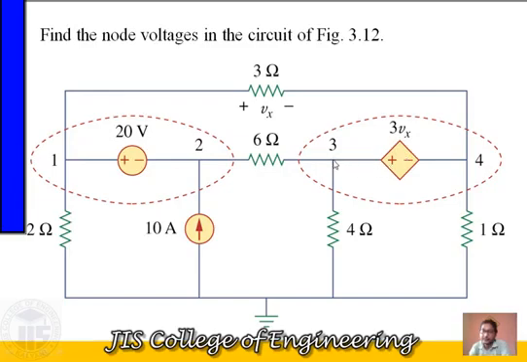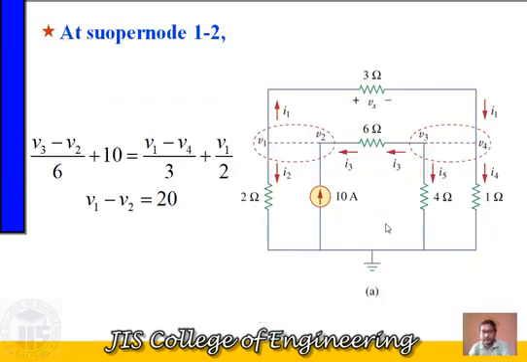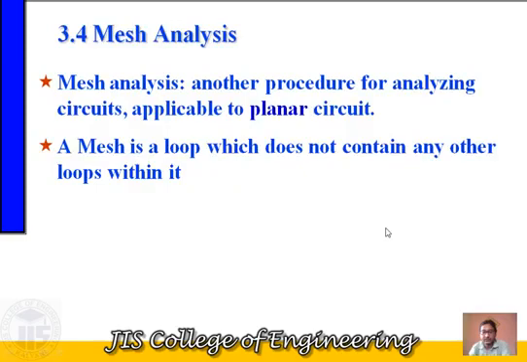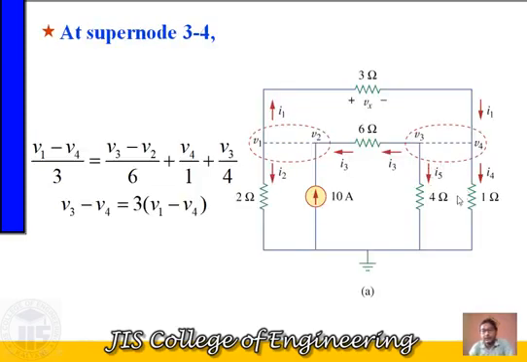So either you consider V3 minus V4 equals plus 3Vx, or V4 minus V3 equals minus 3Vx. Over here, we write V3 minus V4 is equal to 3Vx, where 3Vx is the value of this voltage source.